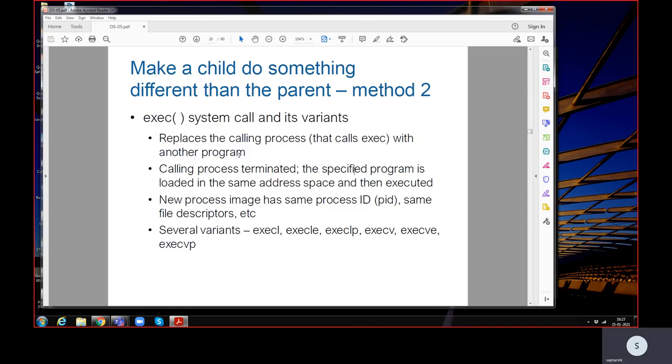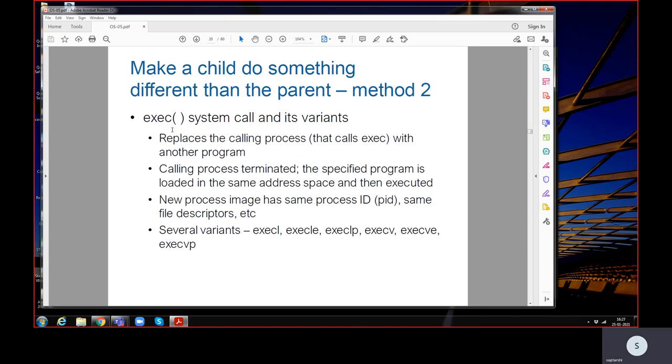So what will happen? The calling process will be terminated. Okay, I should not say here that the calling process will be terminated, but let's try to understand what is going on. The code, the address space. So this process continues, but with a completely new set of instructions, a completely new program.